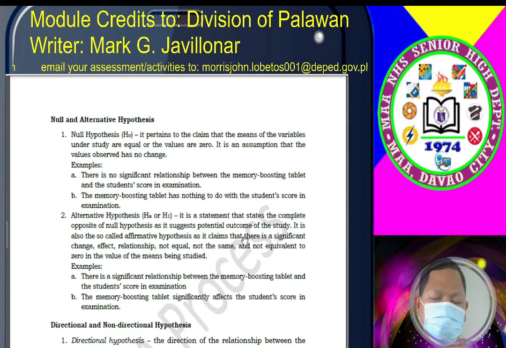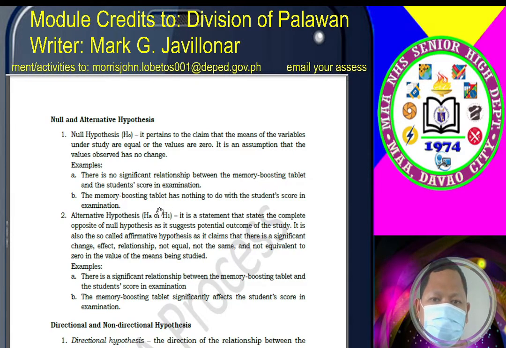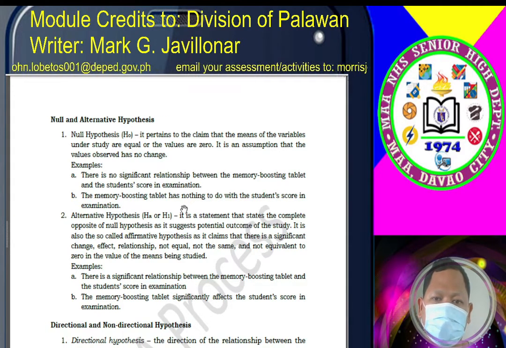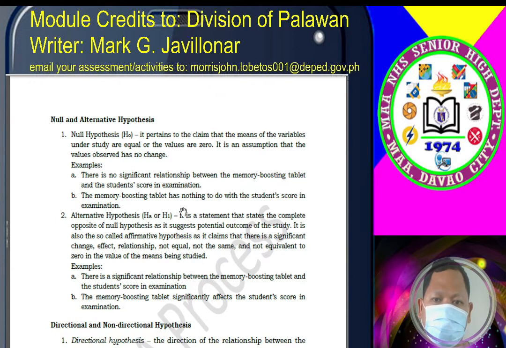So the null hypothesis, the symbol is H0. It pertains to the claim that the means of the variables under study are equal or the values are zero. This assumes that the values observed have no change. Example, there is no significant relationship between the memory boosting tablet and the student's score in examination.